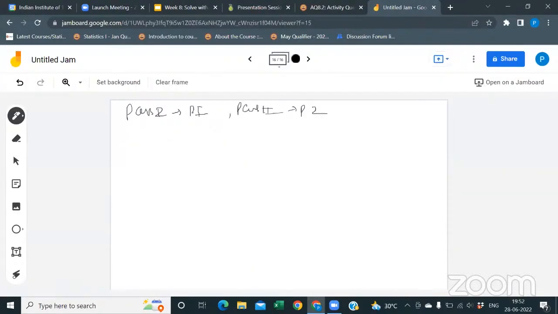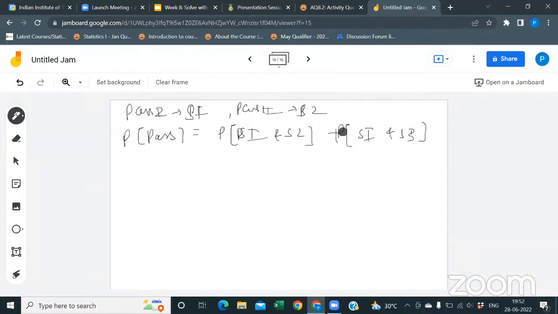In the question, it is given that the student will pass when in section 1 and section 2, or section 1 and section 3. Let's denote these as A and B. Oh, sorry, no, it's not a probability.